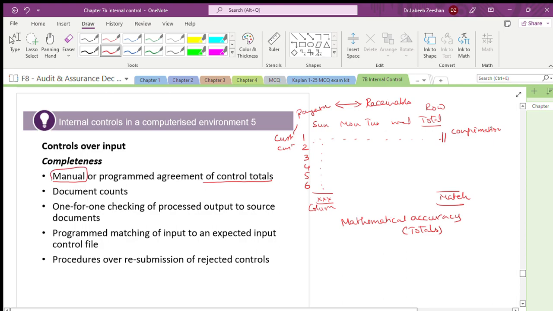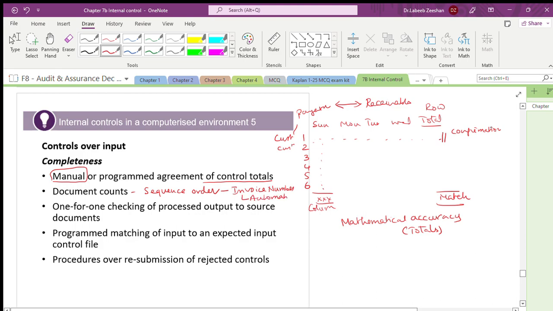Second one, document counts. Always we have to see the sequence order. Whenever we are generating an invoice, the invoice number should be generated automatically.